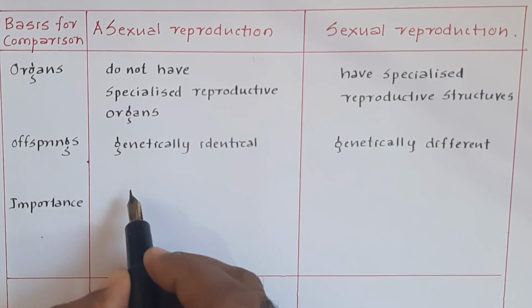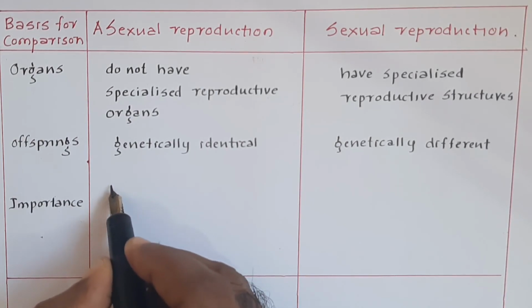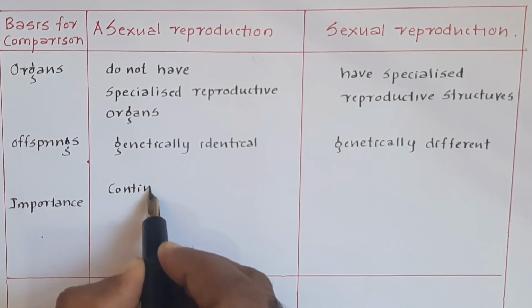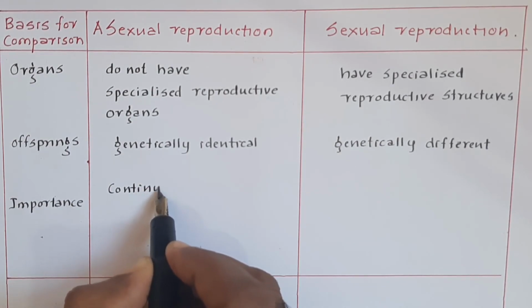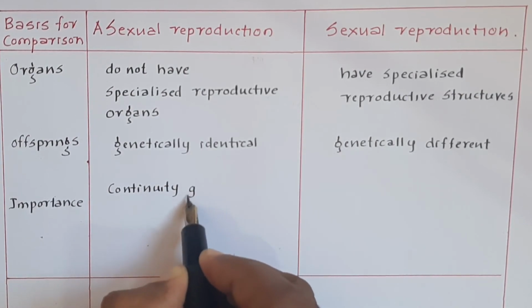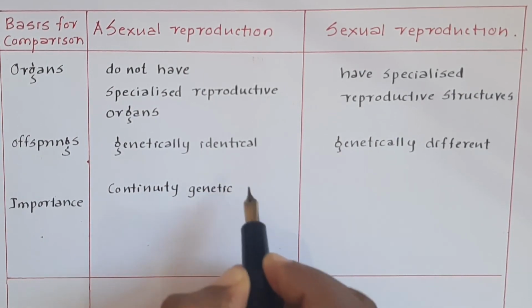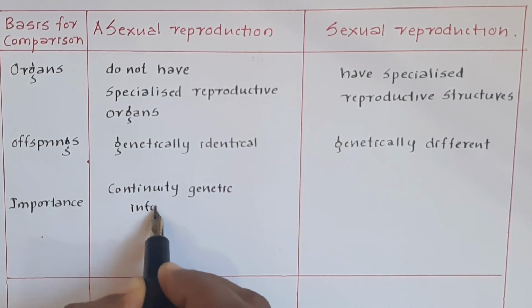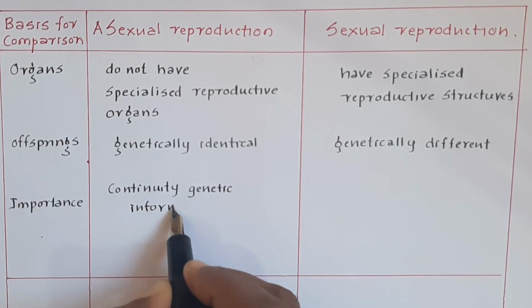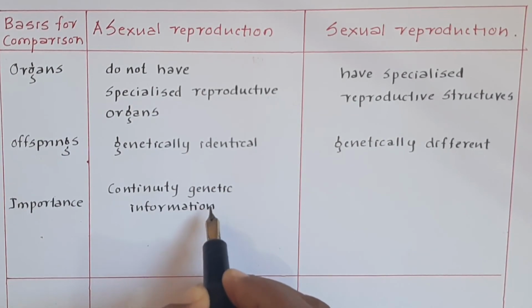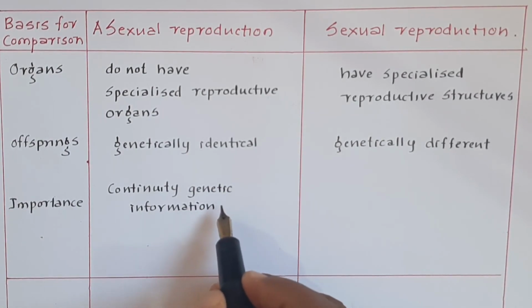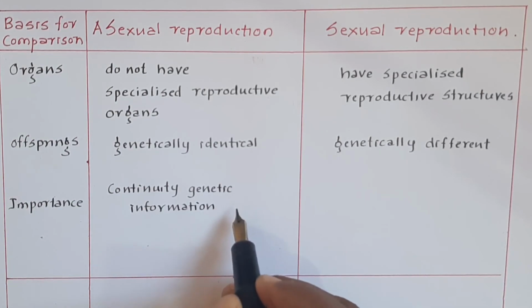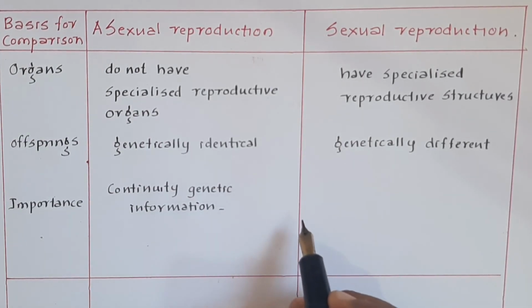Continuity of genetic information is possible in case of asexual reproduction. Asexual reproduction is important as it allows the continuity of genetic information through different generations. Remember, from one generation to the next generation.